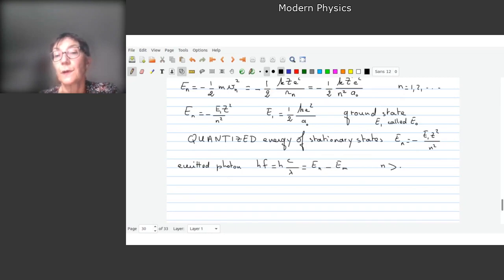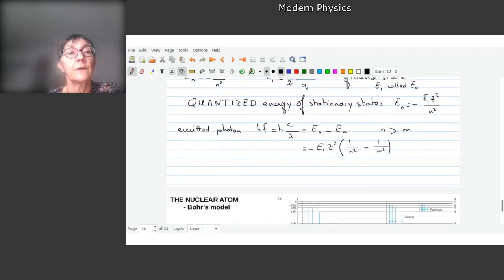This is positive, this is positive, and so we can write it here. What is En? This is minus E1 over Z squared, times 1 over n squared minus 1 over m squared, Em.